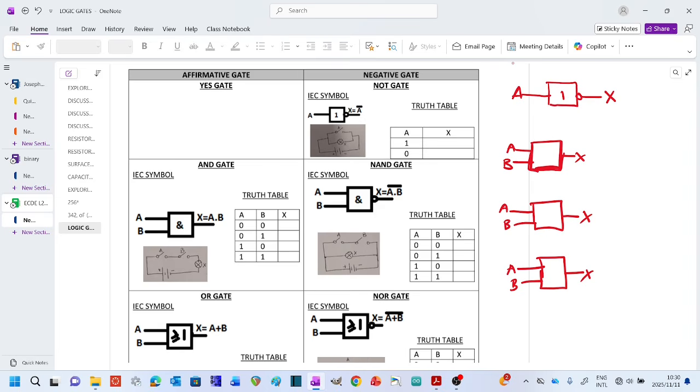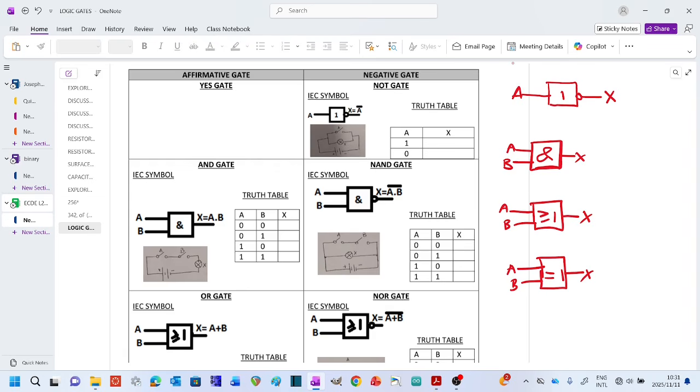Now they have different names. We have AND gates, and an AND gate will have an AND symbol inside it. An OR gate will have a greater than or equal to 1 symbol inside it. An XOR gate will have an equals 1 symbol inside it.